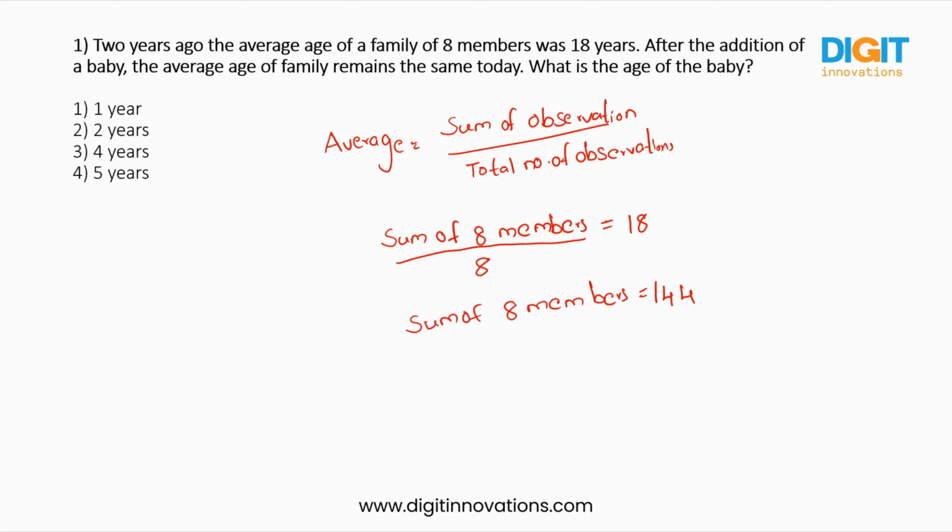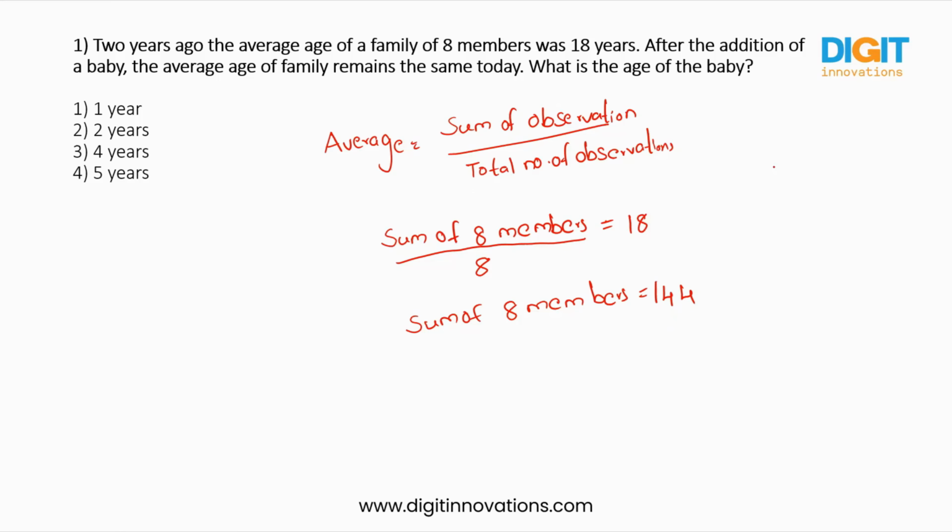These 8 members' ages will be different, like X, Y, Z and so on. By adding all the ages of those 8 members, you got the value of 144. So this is the sum of the 8 members' ages 2 years ago.